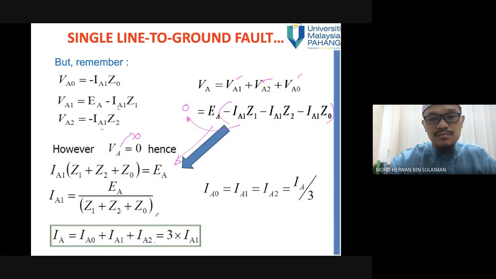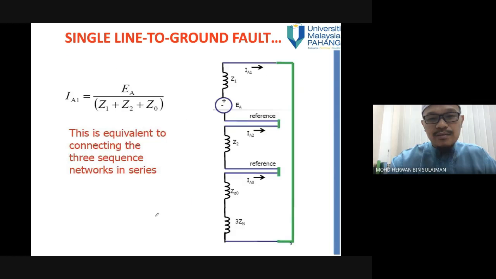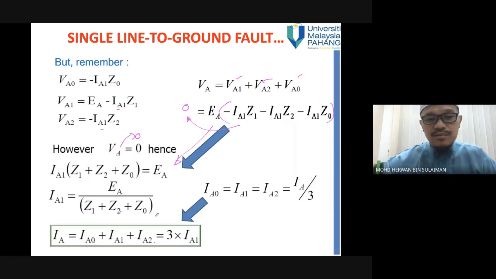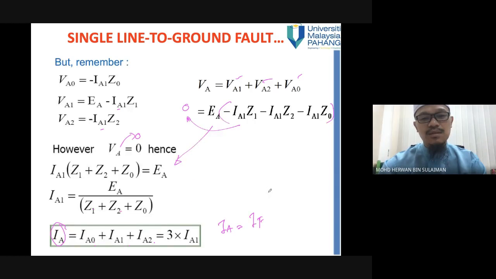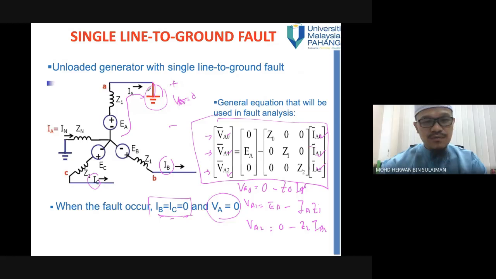Okay, and then you can say here that IA is your fault current. IA is equal to I fault. Why? Because of the fault short to ground, so it is I fault too.